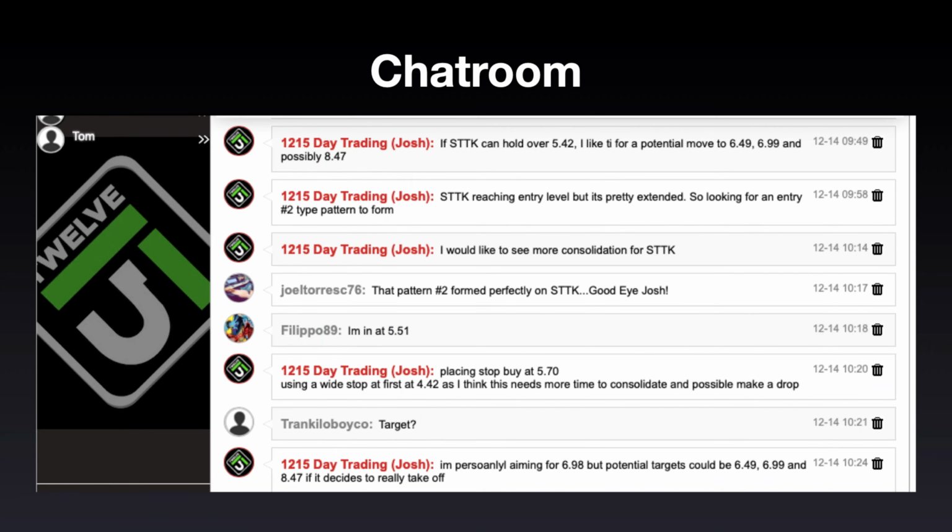Another tool that might be helpful to you, especially in the learning phase, is a chat room. A chat room can be a helpful tool as it's a great way to meet other traders, discuss various topics, ask questions, or obtain potential trade ideas. The market is a big place, and I always say multiple pairs of eyes are better than one.